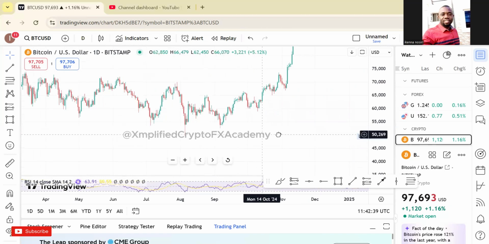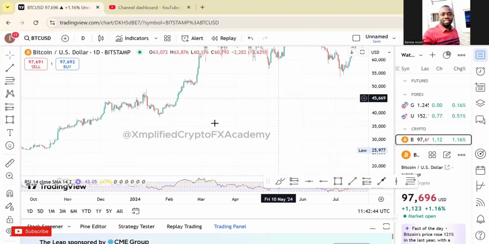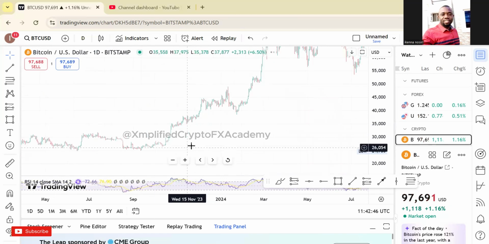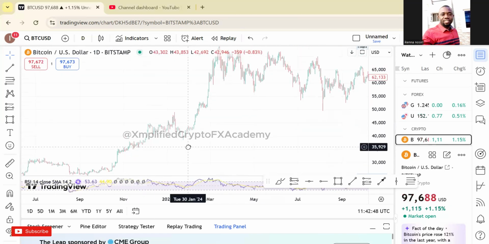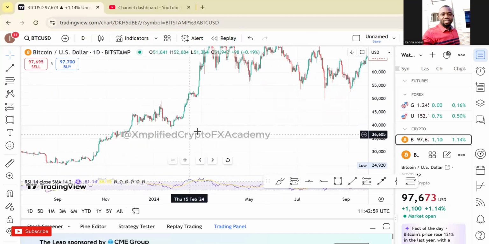All right, on the dailies, when can we say the market is turning? So this was a dip from 48,000 to 38,000, and that is when the market picked up.